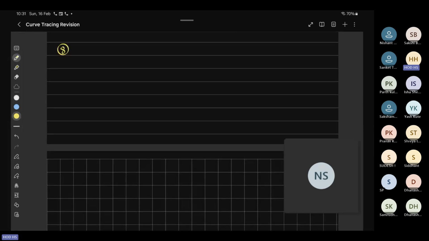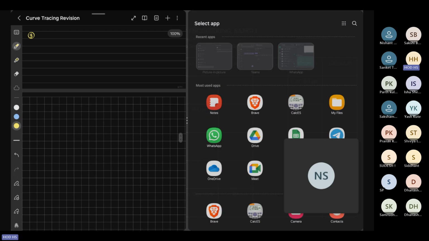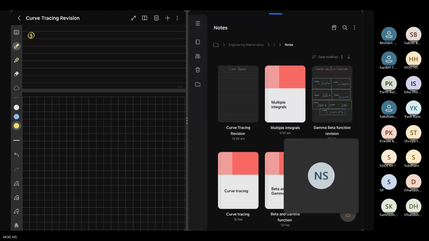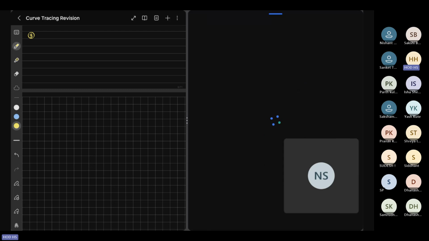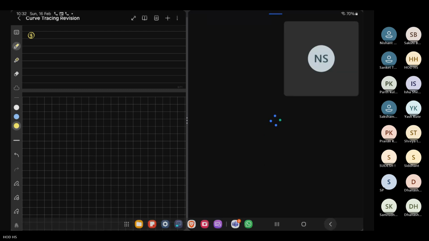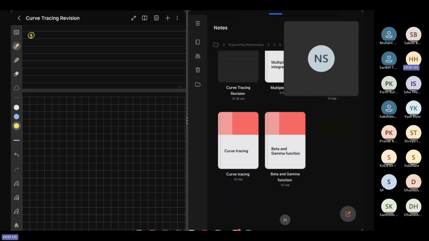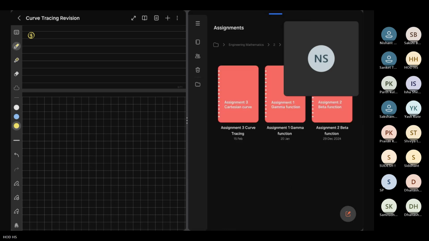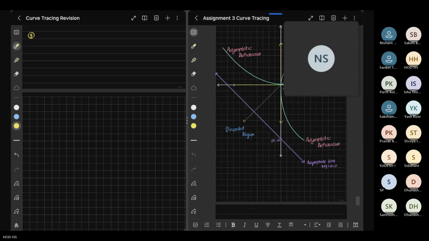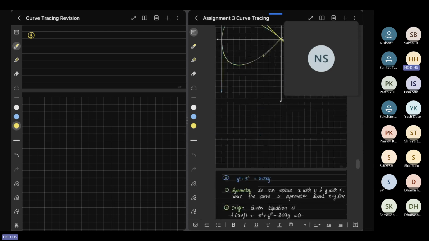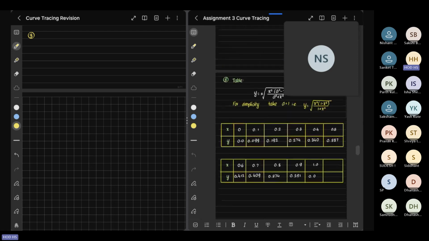Now to calculate some tabular values, to reduce the time, I have already calculated these values. So I will just copy that table from my previous notes. I guess I have calculated them in the assignment, not in the curve tracing.